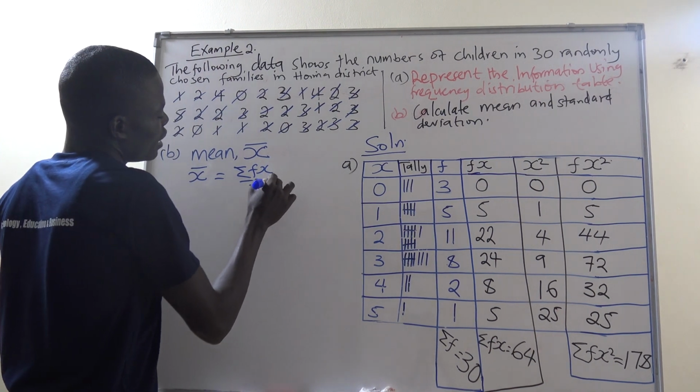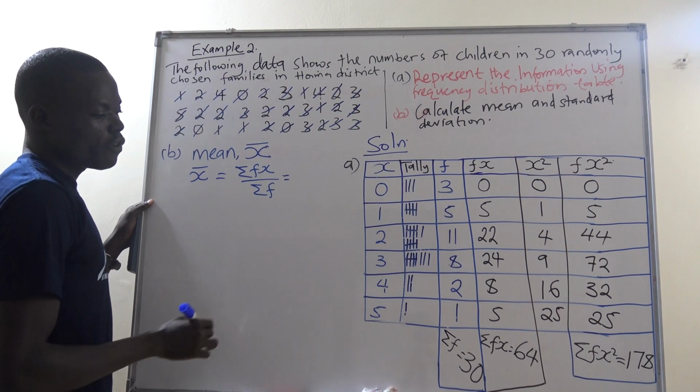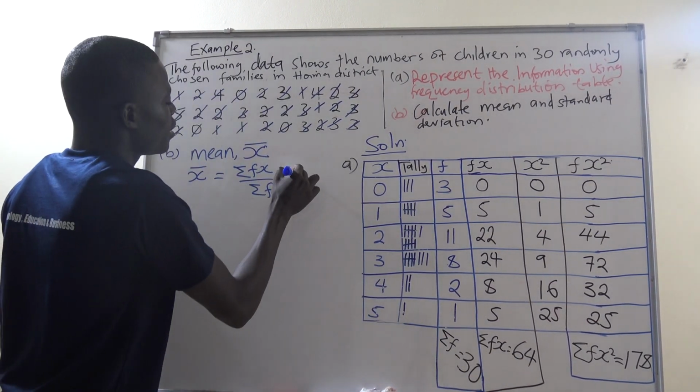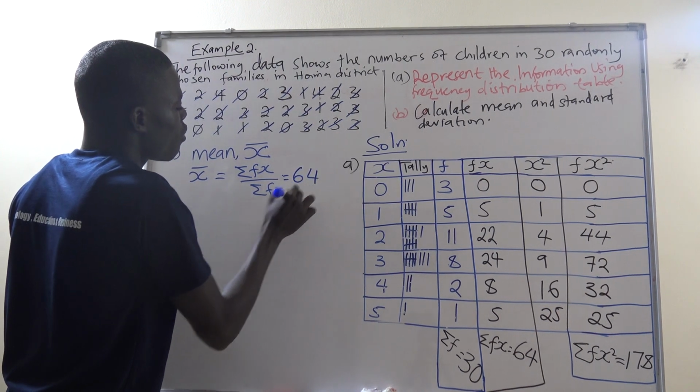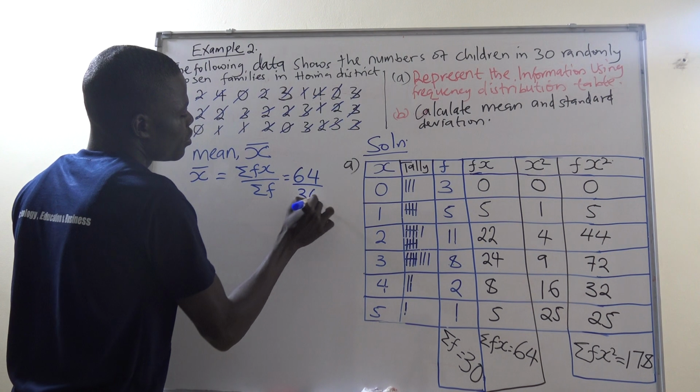So this is equal to, if you substitute the values, summation of fx is 64, then divide by summation of f, which is 30.